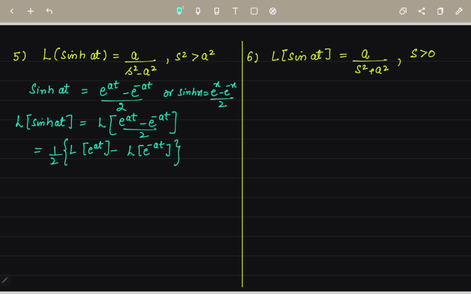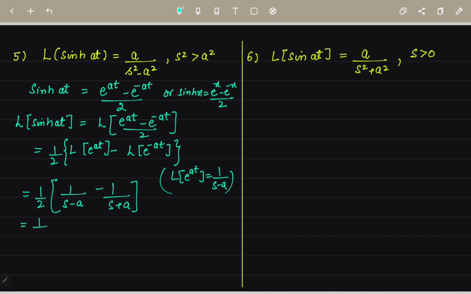So in the previous example, we have already proved that the Laplace transform of e raised power at is equal to 1 divided by s minus a. So I am using this property here. So I have 1 by 2 times 1 divided by s minus a, minus 1 divided by s plus a.